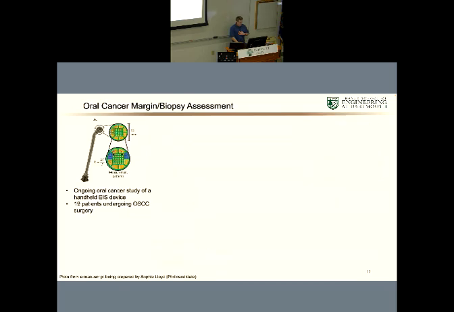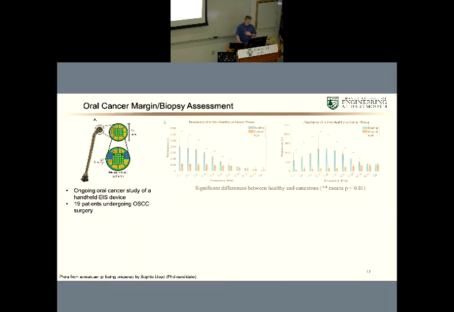Yeah, so less on the treat stuff, but a little bit more on our surgical margin probe, a very recent study. We've analyzed 19 subjects right now with oral squamous cell carcinoma, as you can see.